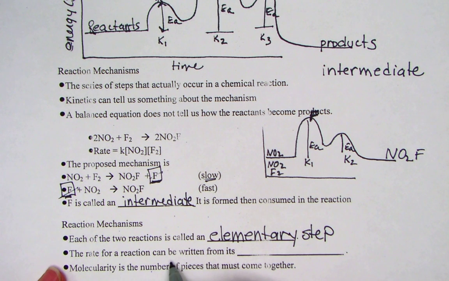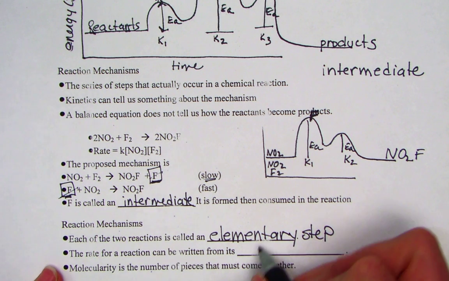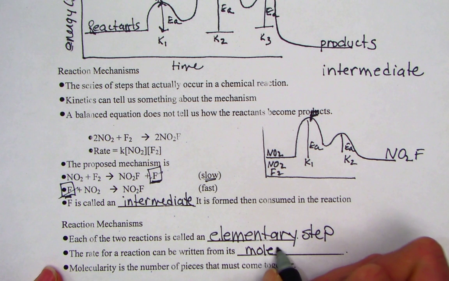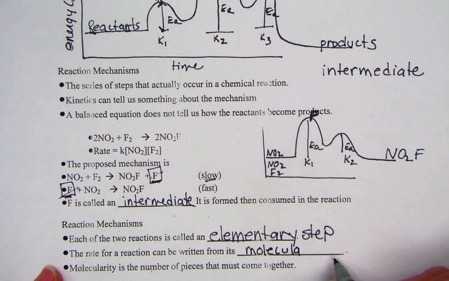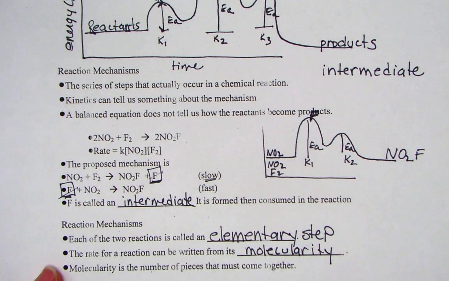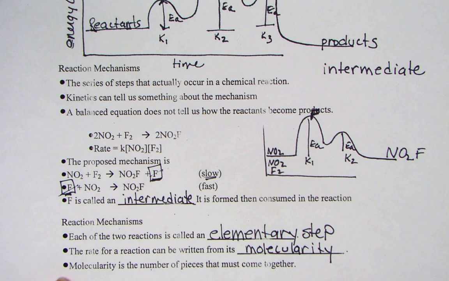The rate of the reaction can be written from its molecularity. In other words, how many molecules are actually colliding determines its molecularity. Molecularity, checking its spelling. So the molecularity is a term used to describe the number of pieces that must combine together.